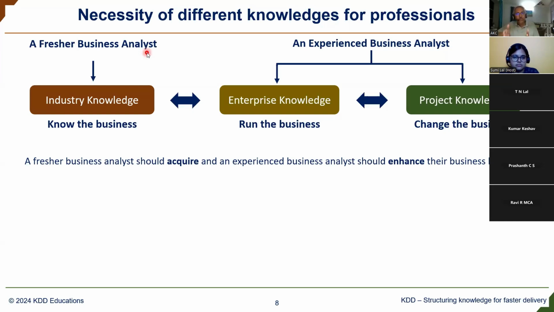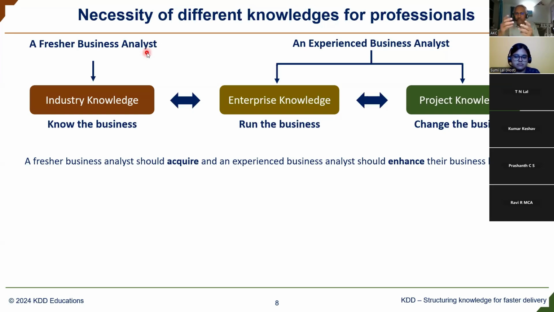So as you become an experienced business analyst, you need to understand the enterprise knowledge, which is important for running the operations of that particular enterprise. Plus, you will also know about the project knowledge as the different projects progress.